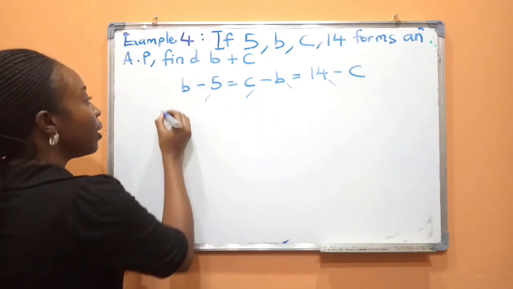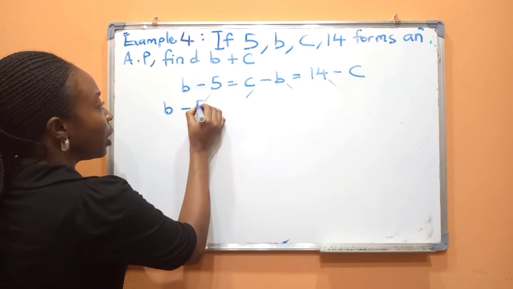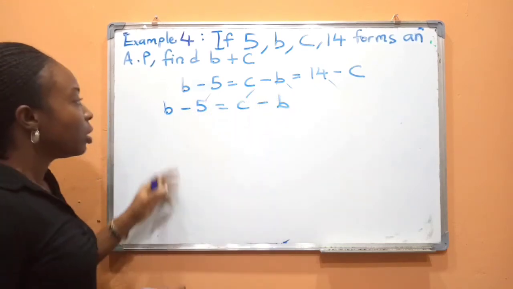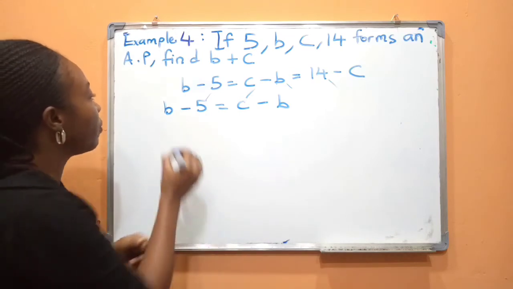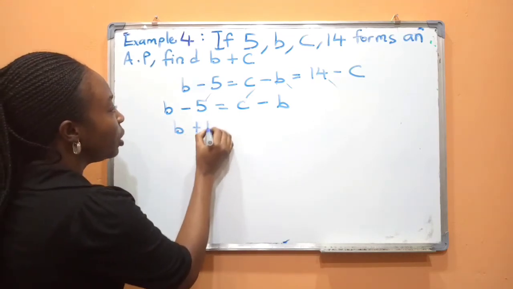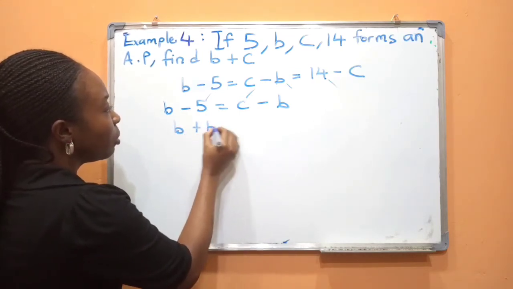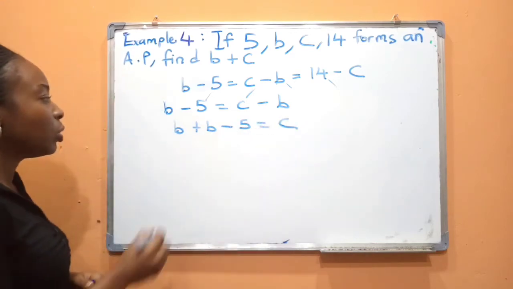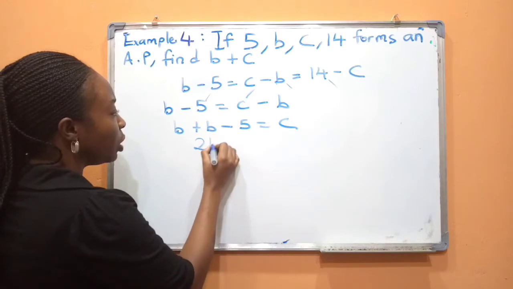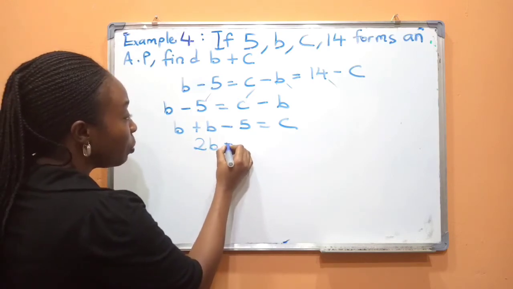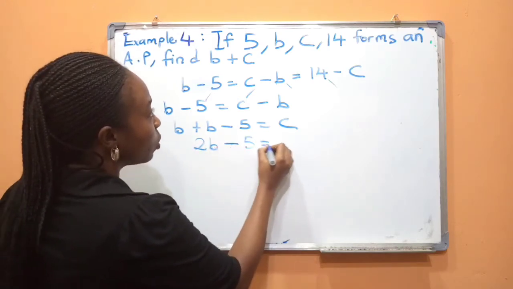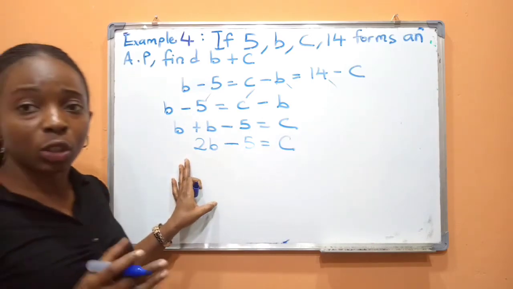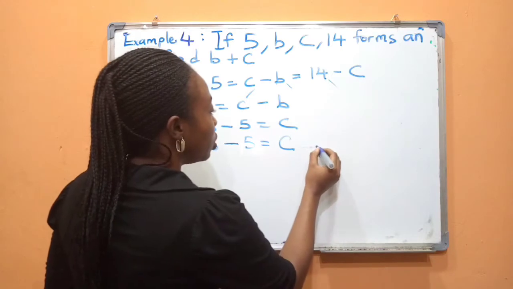So we're going to have B minus 5 is equal to C minus B. Now collecting like terms, we're going to have B plus B minus 5 is equal to C. So we're going to have 2B minus 5 is equal to C. So this is the first equation.